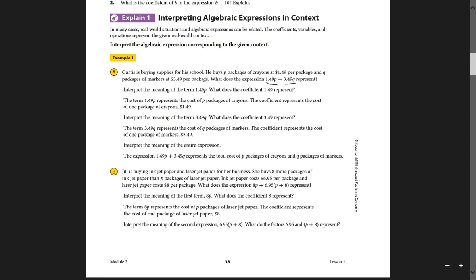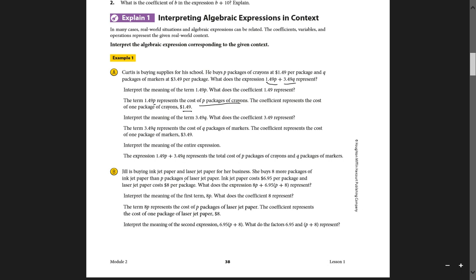So 1.49p represents the cost of p packages of crayons, or you could say that the coefficient represents the cost of one package of crayons, that is 1.49. So the cost of the packages will be 1.49p because we don't know how many packages, and one package is 1.49.